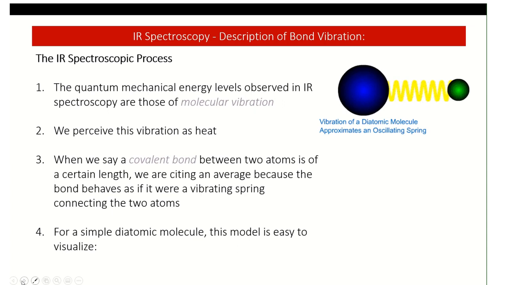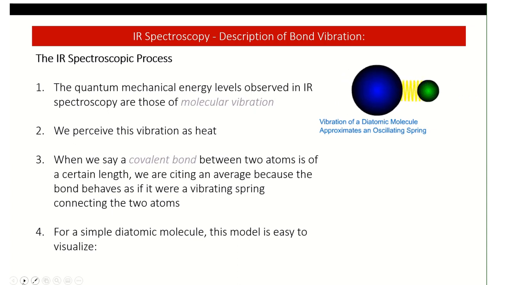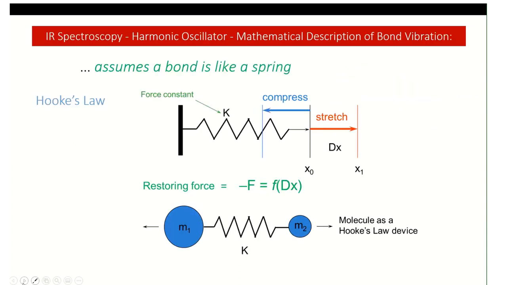We can look at a typical diatomic molecule as a spring connecting the two nuclei. So we can therefore use Hooke's law. Realize that with a spring you're compressing and stretching with a force constant, and of course there's a difference in the distance every time you stretch and compress. And of course we're looking at the two different masses, M1 and M2.